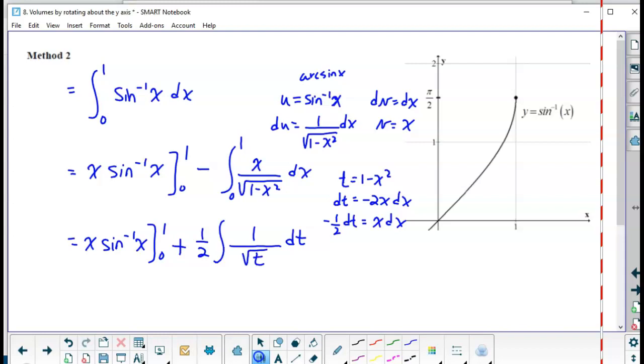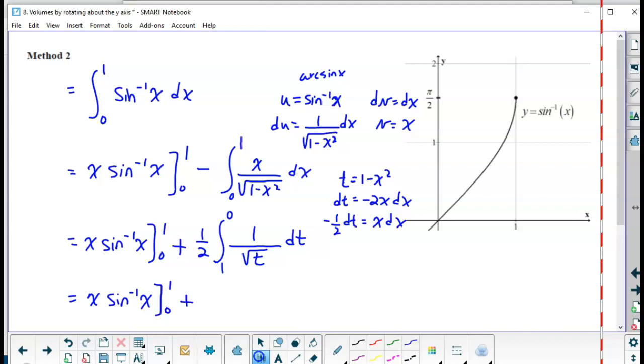Okay. Now, what are my new limits here? So lower boundary: when x is 0, that means t would be 1. And when x is 1, t would be 0. Keep them in that order. Don't change them because it'll change the sign.